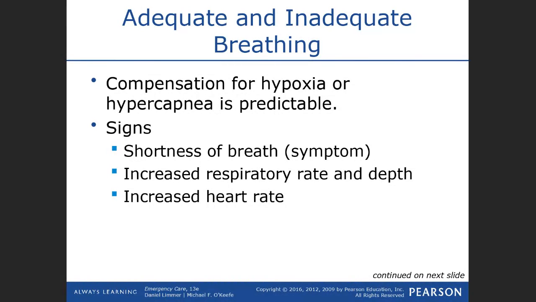Compensation for hypoxia or hypercapnia is predictable. We talked about this earlier, right? The respiratory rate and depth are going to increase. The heart rate is going to increase. The patient is going to start to show signs of dyspnea or shortness of breath.